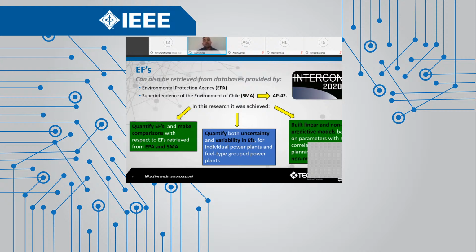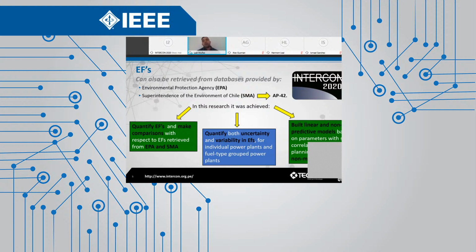So they give this emission factor as a reference, but it is better to have local measurements to obtain it. In Chile, the Superintendence of Environment also provides some databases where you can get these emission factors.